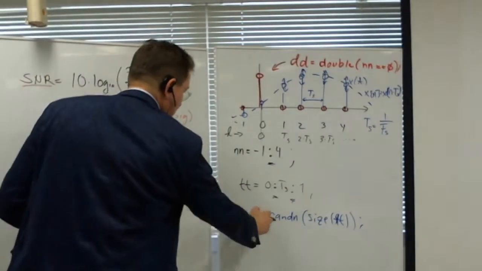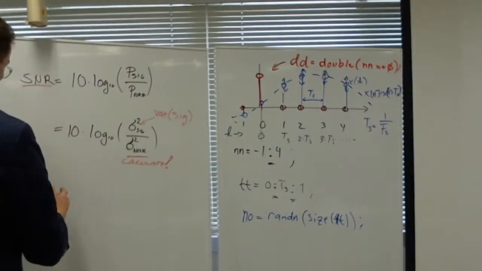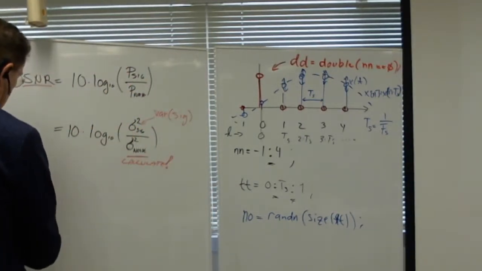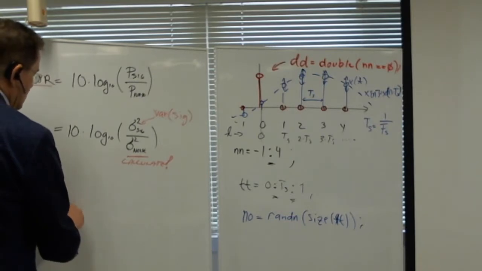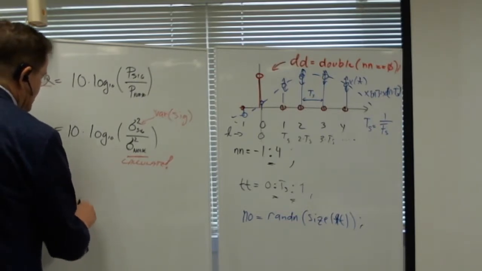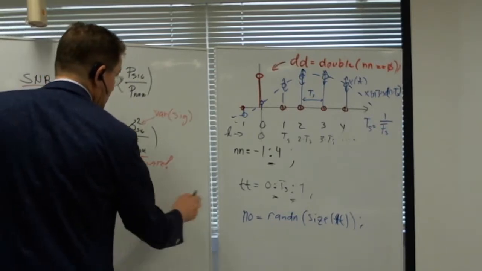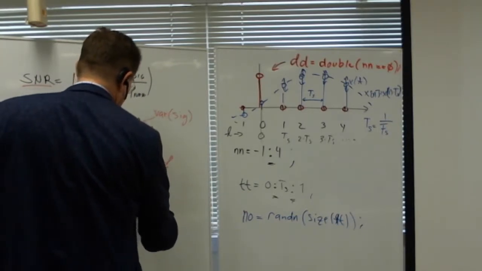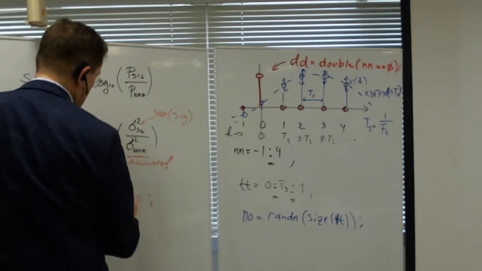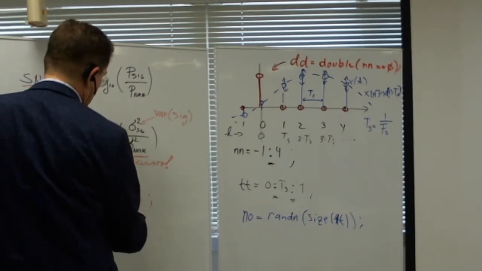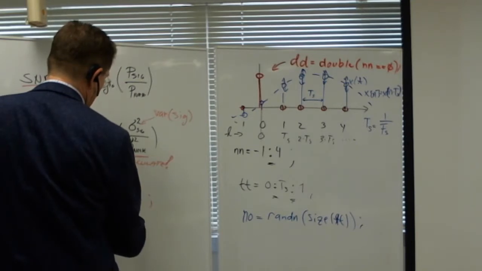And when you're adding, let's mark it S and N O, when you are adding the noise to the signal, you basically must multiply this one by the deviation of the noise you calculated.